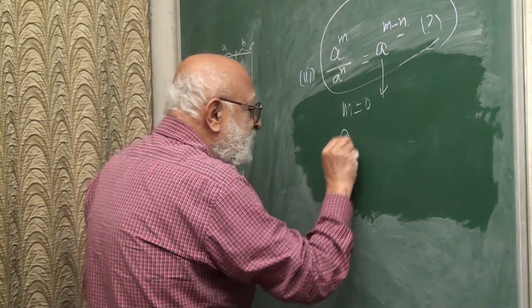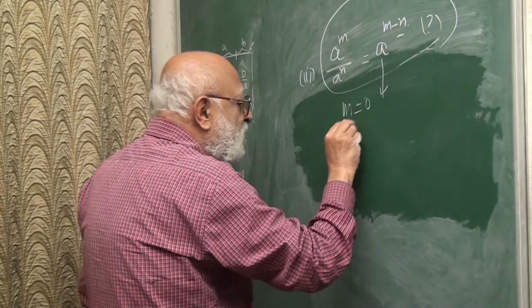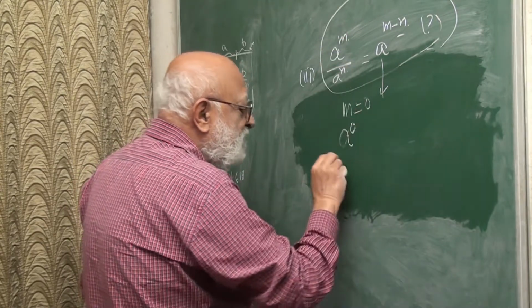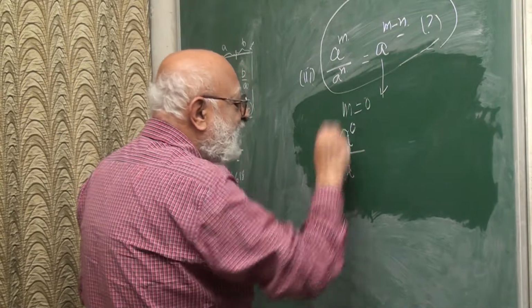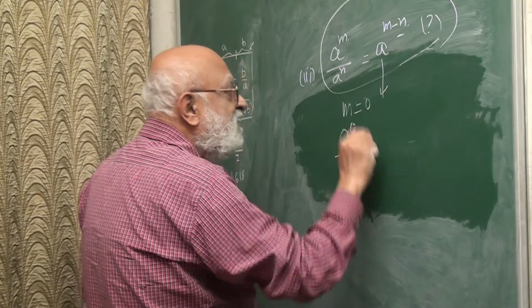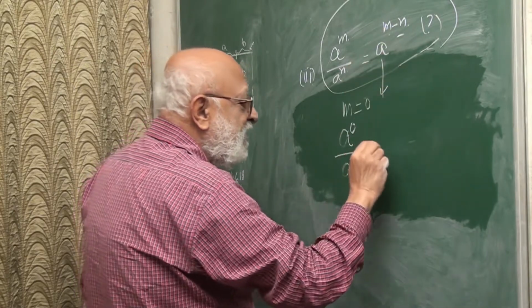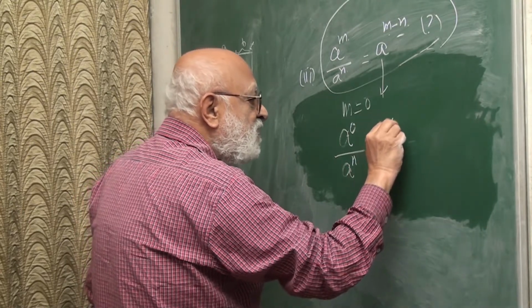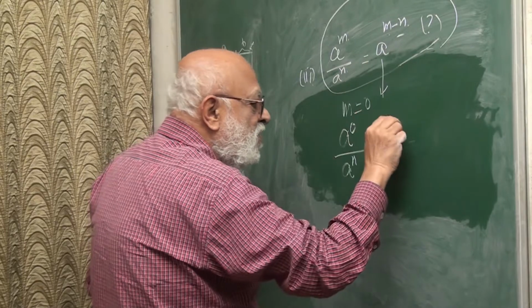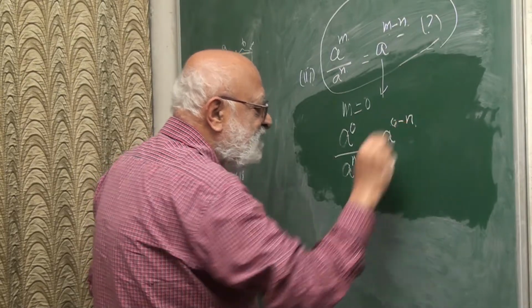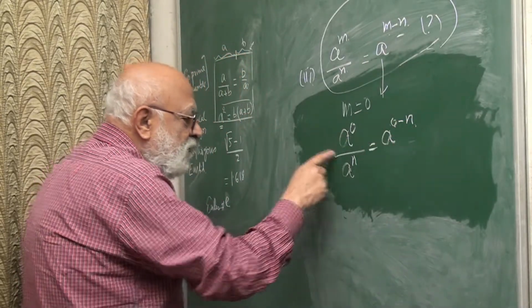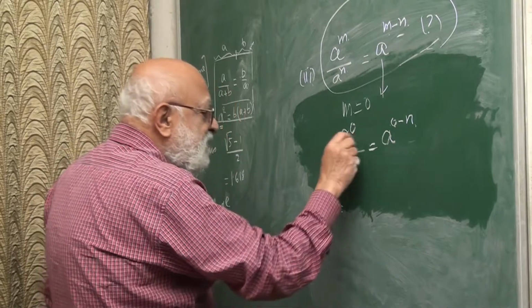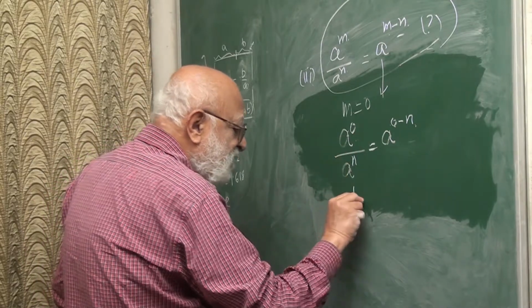So it becomes a to the power 0 because I have taken m as 0, divided by a to the power n, and then here it becomes a to the power 0 minus n. So a to the power 0 is 1, so this will be equal to 1.